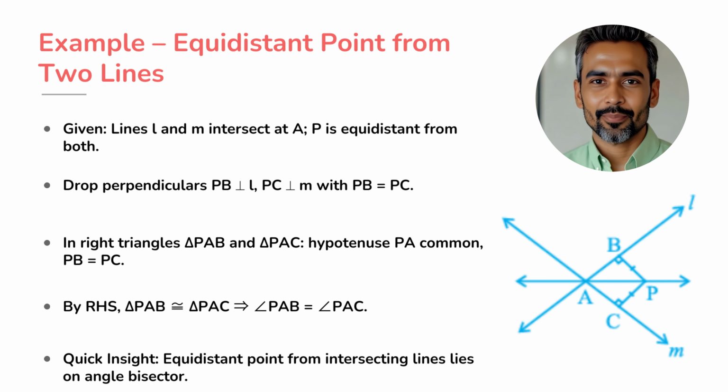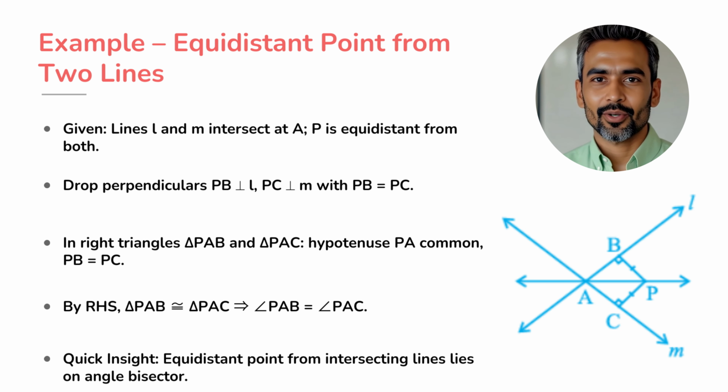Let's call those perpendiculars PB and PC, and we are told PB equals PC. Now, look carefully at the right-angled triangles APB and APC. In both of them, the hypotenuse AP is common and the legs PB and PC are equal. So, by the right angle-hypotenuse-side criterion, triangle APB is congruent to triangle APC.